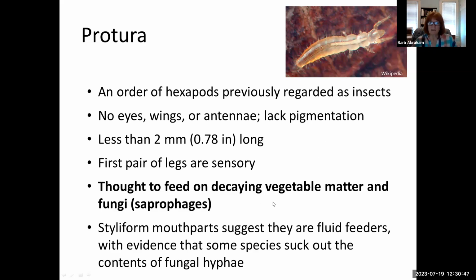And these are quite small. I don't think I've ever even seen one of these in a soil sample, unless I just missed it. And they may suck out the contents of the fungal hyphae, which is the main filamentous body of fungi. So again, beneficial fragmenters, not true decomposers, but they're in that soil food web.